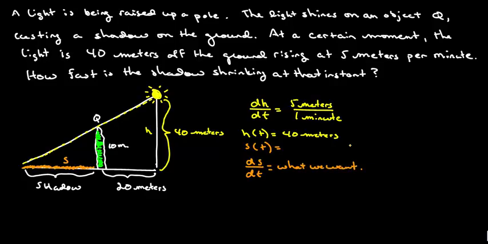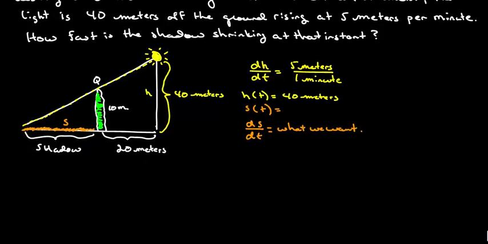Now what we need to do is set up an equation that relates all this stuff. Okay, so let's see if we can't figure a couple things out. Well, at 40 meters high, we've got two triangles. We get this bigger outside one and this smaller inside one. And so these triangles, they're similar to one another. So the corresponding parts are proportional.